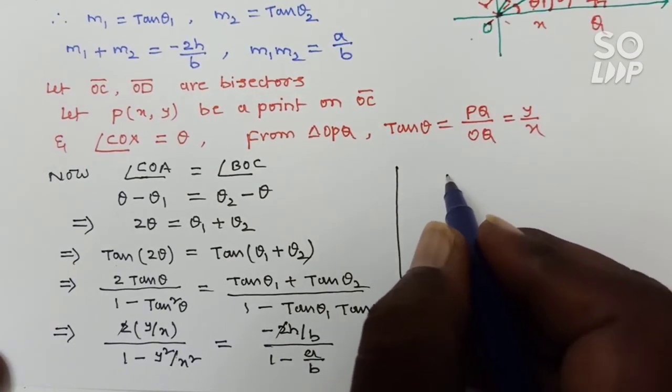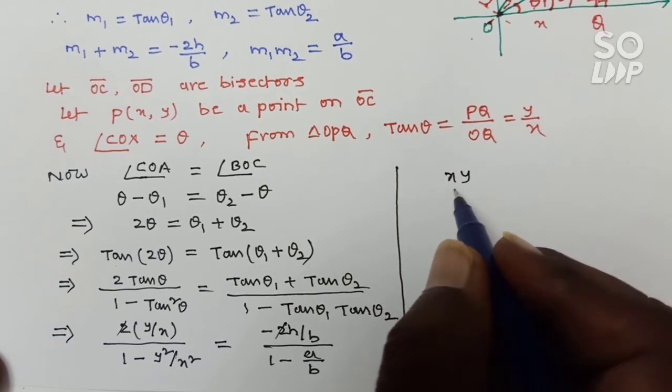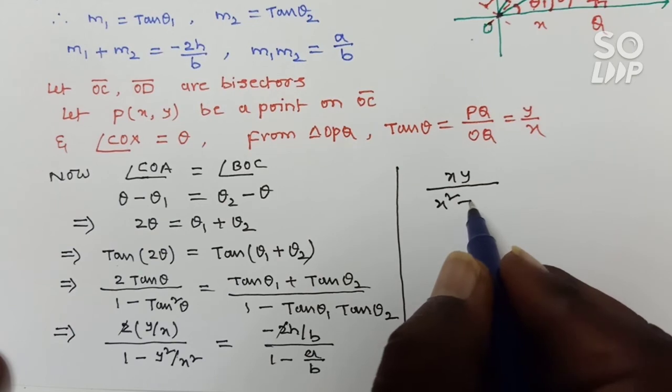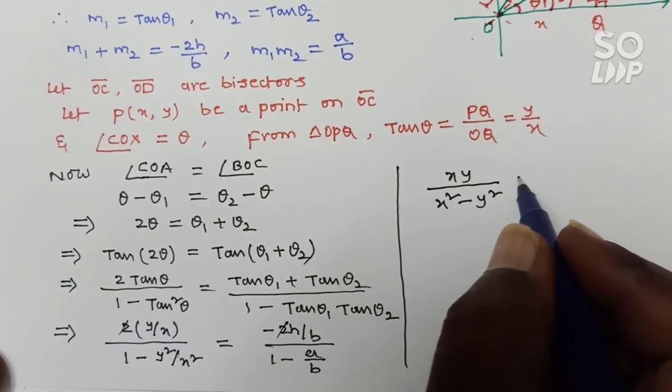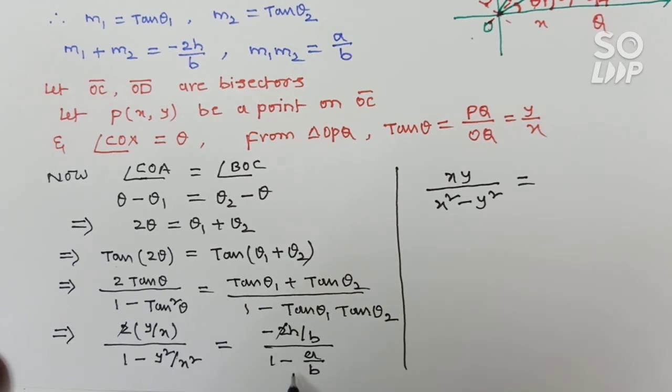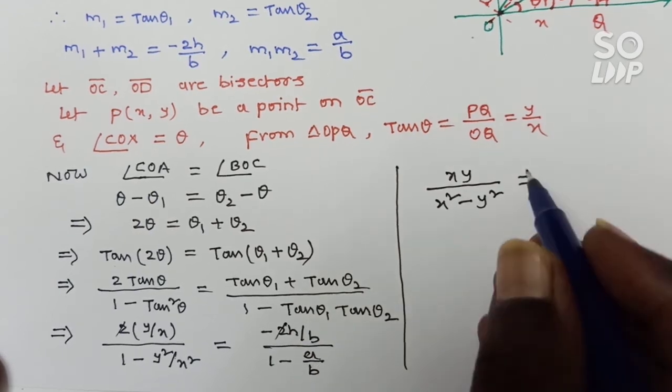That is x into y divided by x square minus y square is equal to, on the right side, b is the LCM. Numerator and denominator b will be cancelled. Here the minus you get into the denominator, b minus a becomes a minus b.